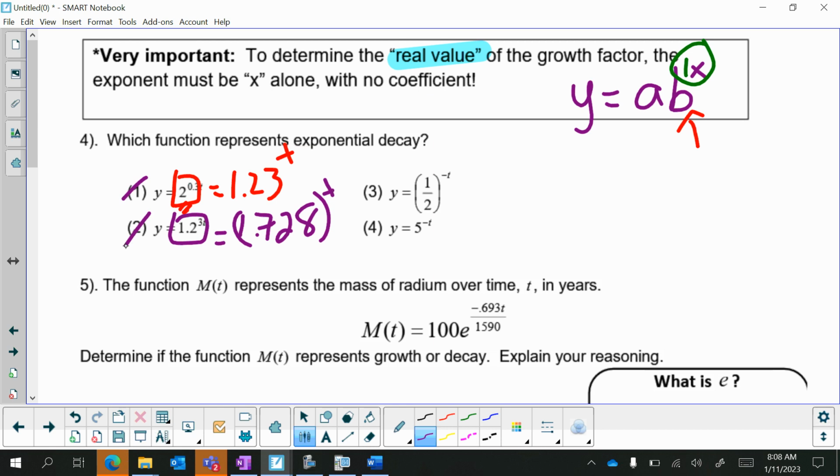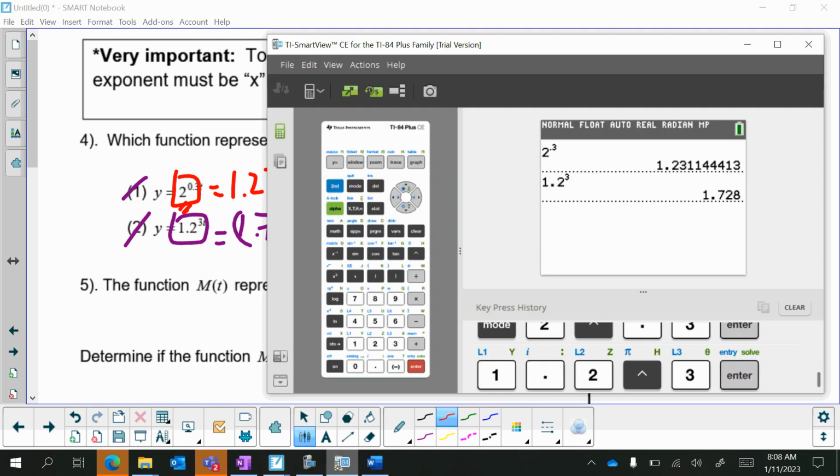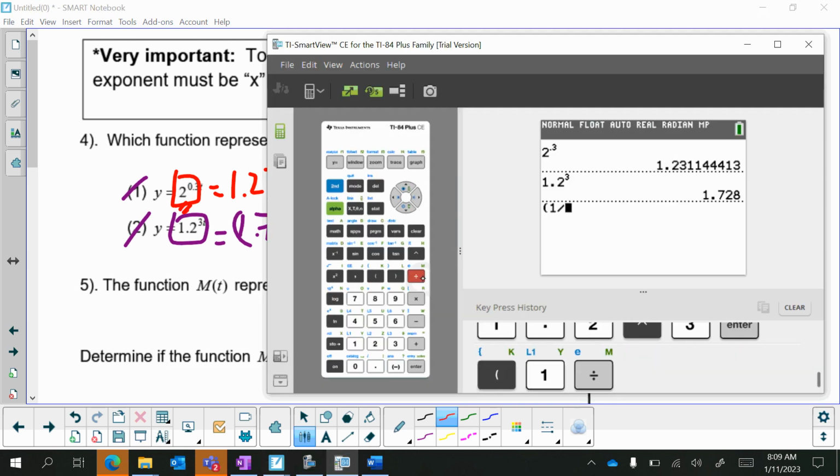Now let's look at choice 3. We actually did this question maybe a week or a couple of days ago. So this is 1/2 to the negative 1 t. If you look at 1/2, you think, oh, 1/2 means decay, but 1/2 to the negative 1t really means 1/2 to the negative 1 times t. So you're going to take your 1/2 to the negative 1, and you could do it in your calculator if you don't trust yourself.